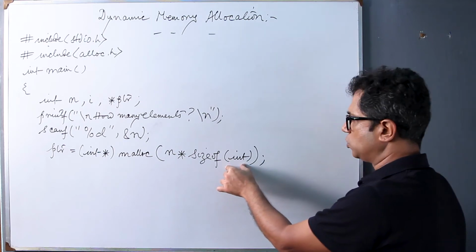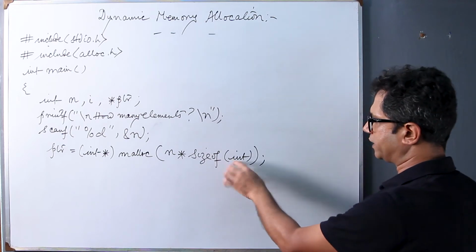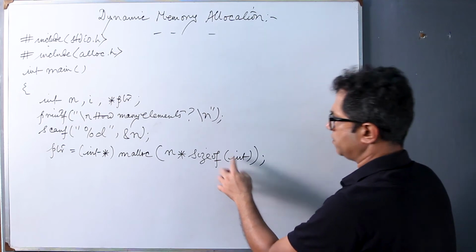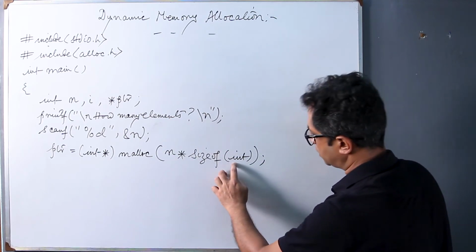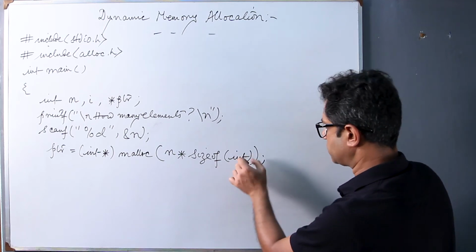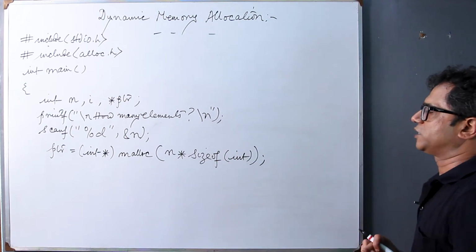If we had used float or char or any other data type, we would have written that in the place of int. But since we are dealing with integer variables, we have specified the data type as int, then the closing bracket, and then the termination semicolon.